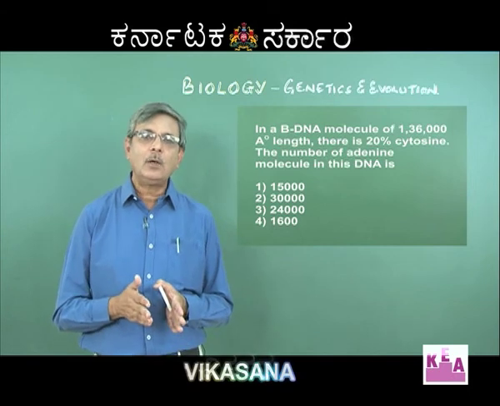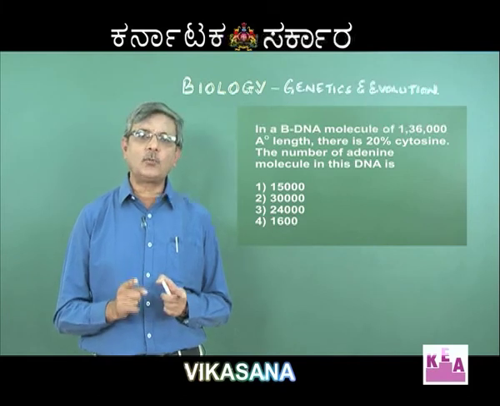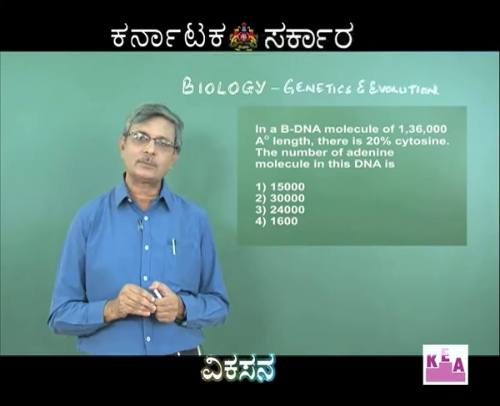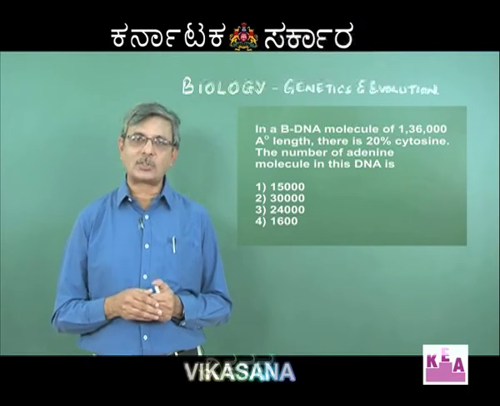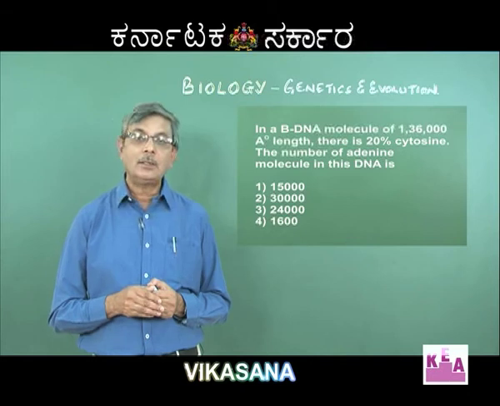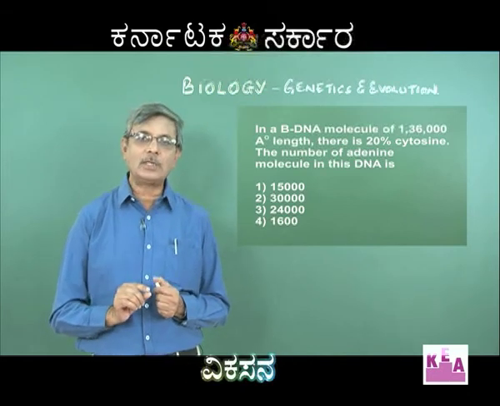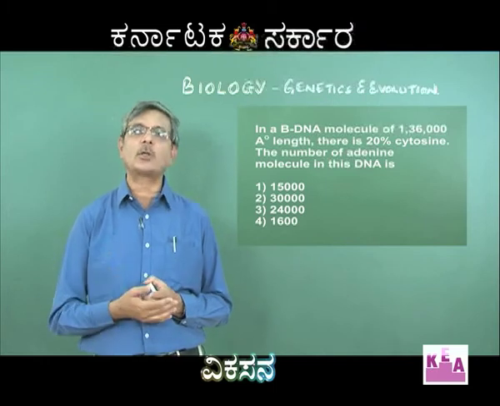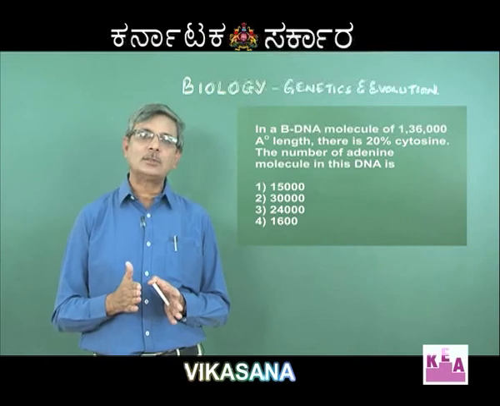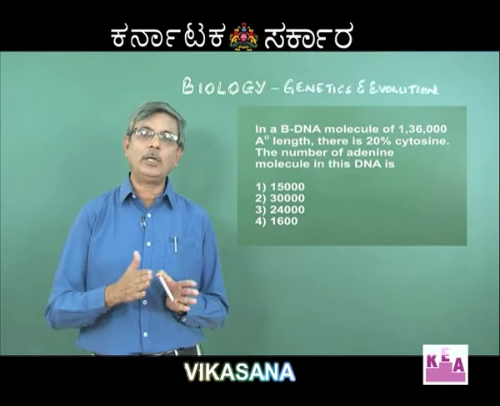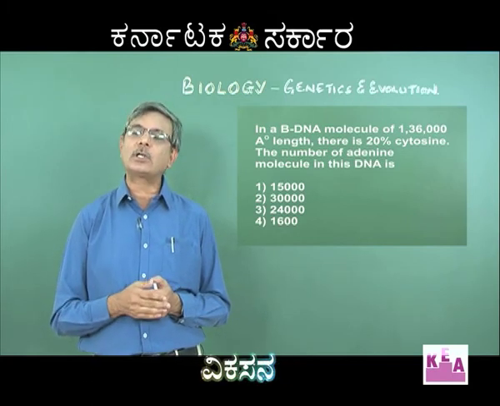In B-DNA, one completed turn, what we call a gyre, spans 34 Angstrom unit length, and each gyre has 10 base pairs. Thereby, the distance between two adjacent nucleotides is 3.4 Angstrom units. So, how many base pairs, how many nucleotides, are present for 1,36,000 Angstrom unit length?